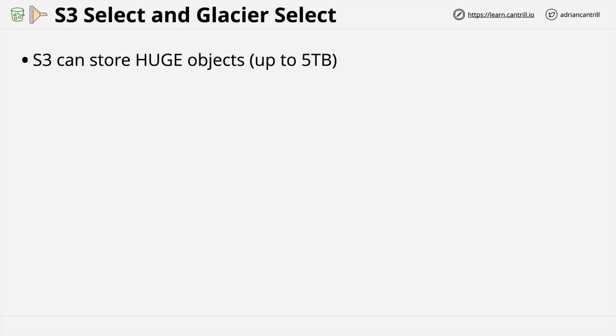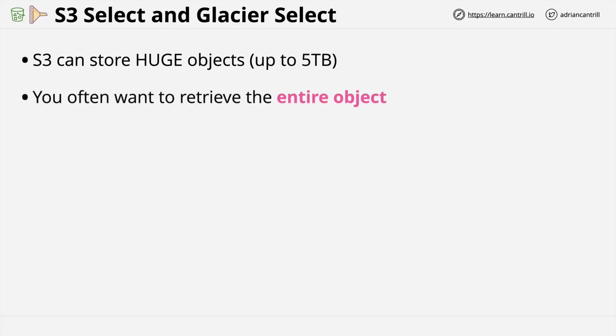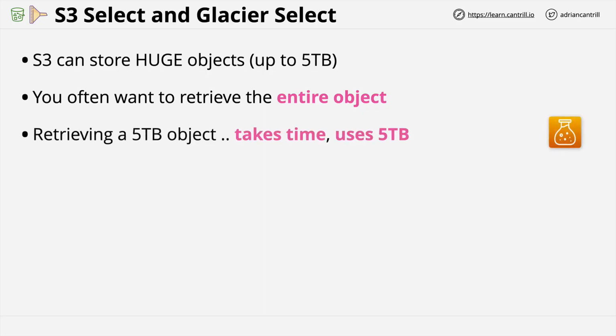So you might want to retrieve that full 5 terabyte object. What's critical to understand as a solutions architect is that logically, if you retrieve a 5 terabyte object, then it takes time and it consumes that full 5 terabytes of transfer. So if you're downloading a 5 terabyte object from S3 into your application, then you consume 5 terabytes of data. You're accessing that full object and it takes time.